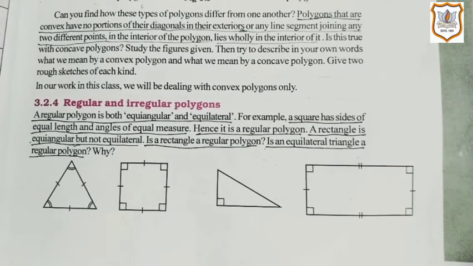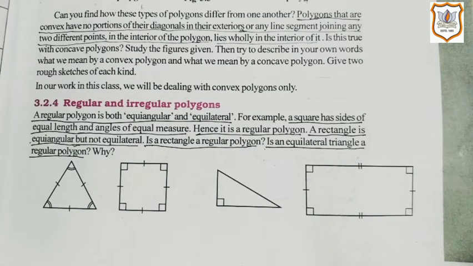Students, a polygon having all sides equal and all angles equal is called a regular polygon. So an equilateral triangle and a square are examples of regular polygons. And polygons which are not regular are called irregular polygons.